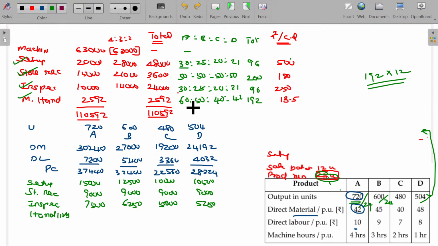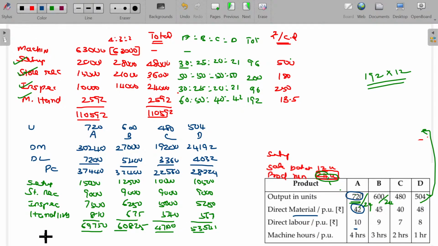Now 13.5 into 60, 810, 675, 540 and 567. Now the totals: 69,750, this value being 60,825, this being 4,700, and here 53,541. Now find out the total, which is the prime cost added to this.